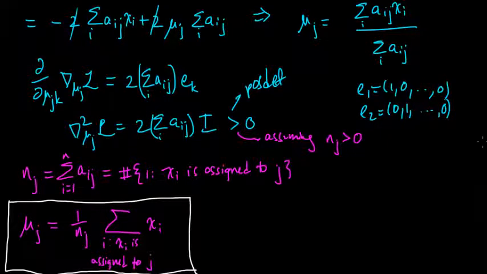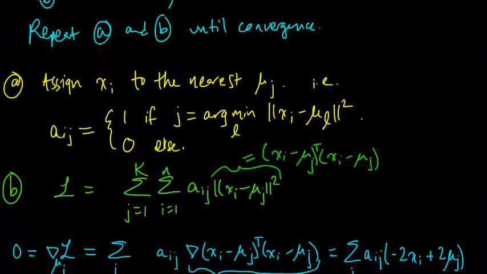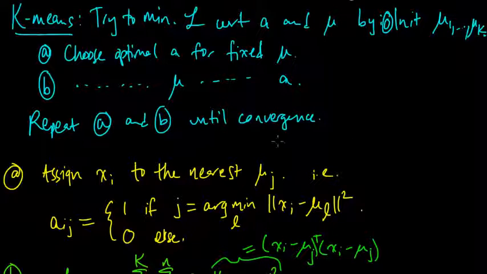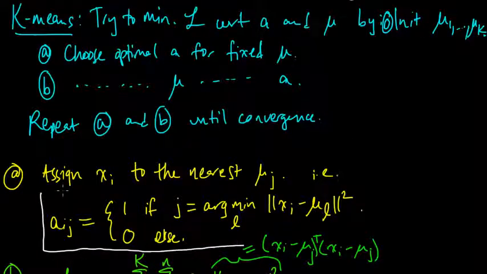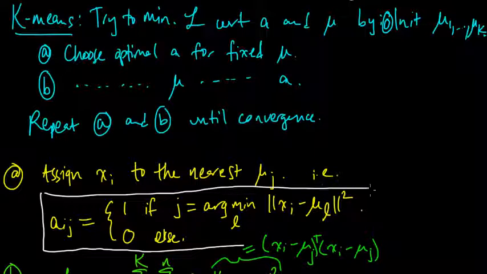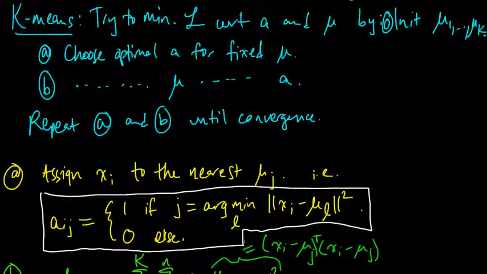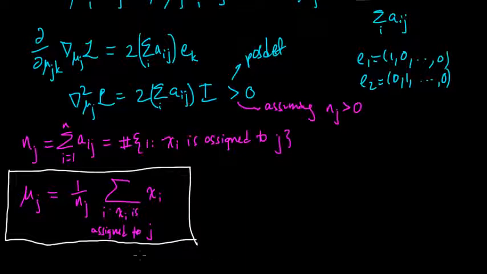So this is the k-means algorithm. You're iterating between A and B. In step A, you're choosing these assignments: assign each point to the nearest mean. And in step B, you're updating each center to be the empirical mean of the points assigned to it.